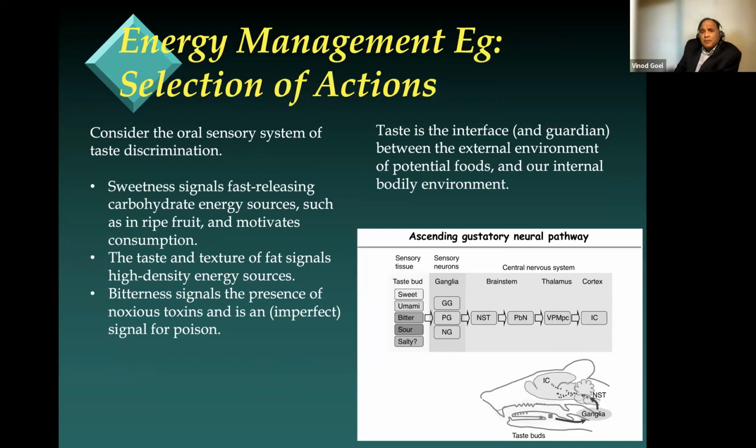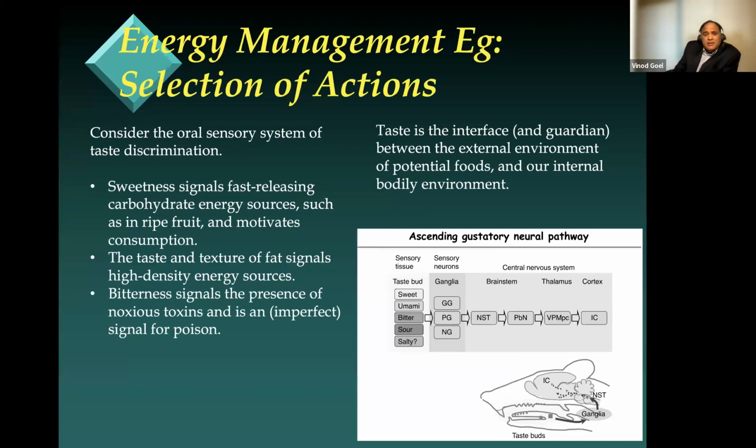Let me give you an example of how this system works, using taste, or energy management, weight management, as an example. So consider the oral sensory system of taste discrimination. This is how it begins. Sweetness signals fast-releasing carbohydrate energy sources, such as ripe fruit, and motivates consumption. The taste and texture of fat signals high density energy sources.